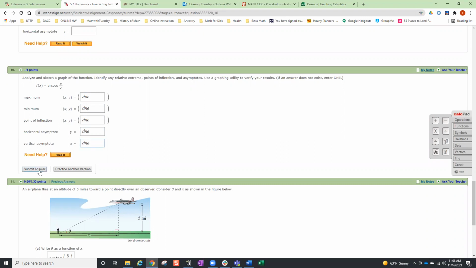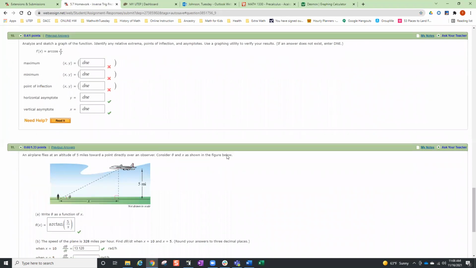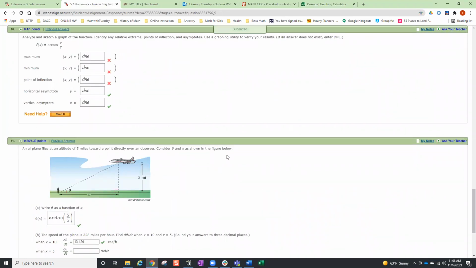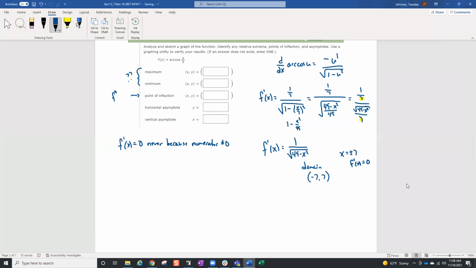Let's see. All right, there's no asymptotes. All right, because the original function is defined from -7 to 7, because we can find the arc cosine of -1.